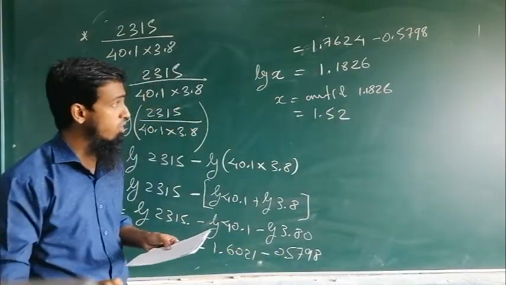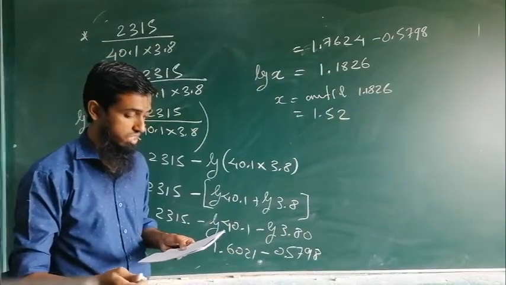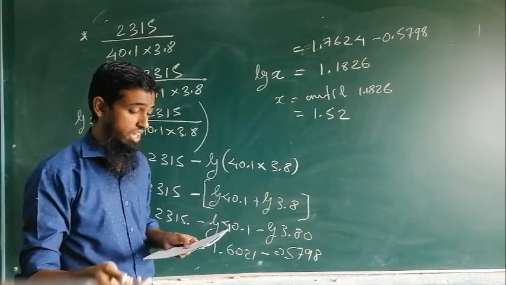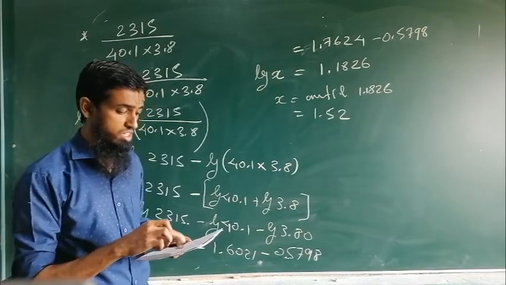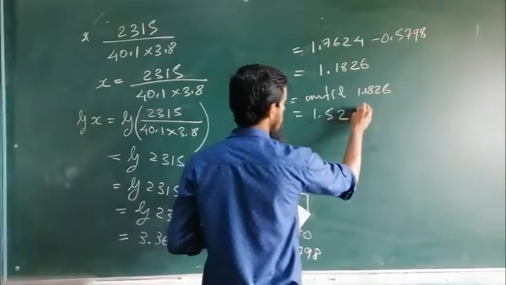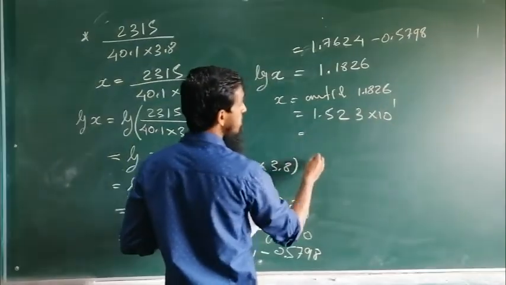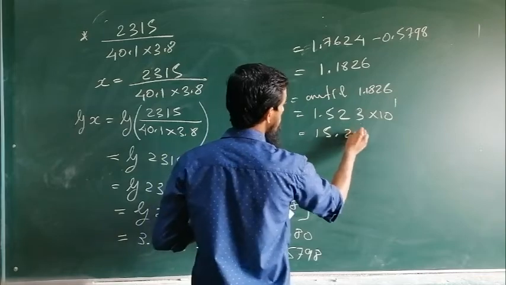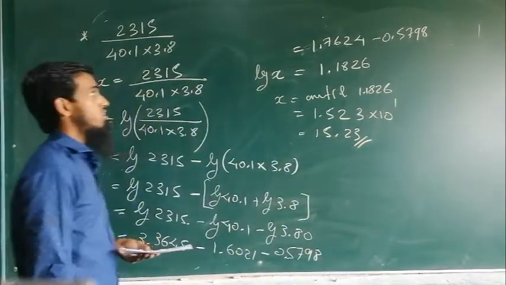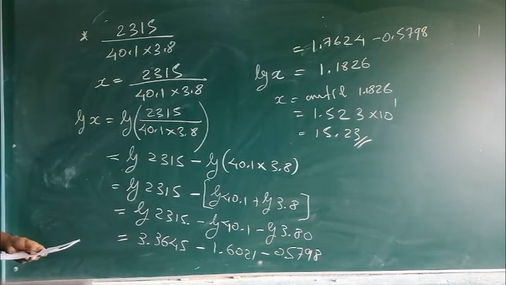If you want to go to 1826, you need 8 more. So the 8 is in the third mean difference. So into 10 to the power 1. So the value is 15.23. So this is how we are going to use multiplication and division both together in a question.